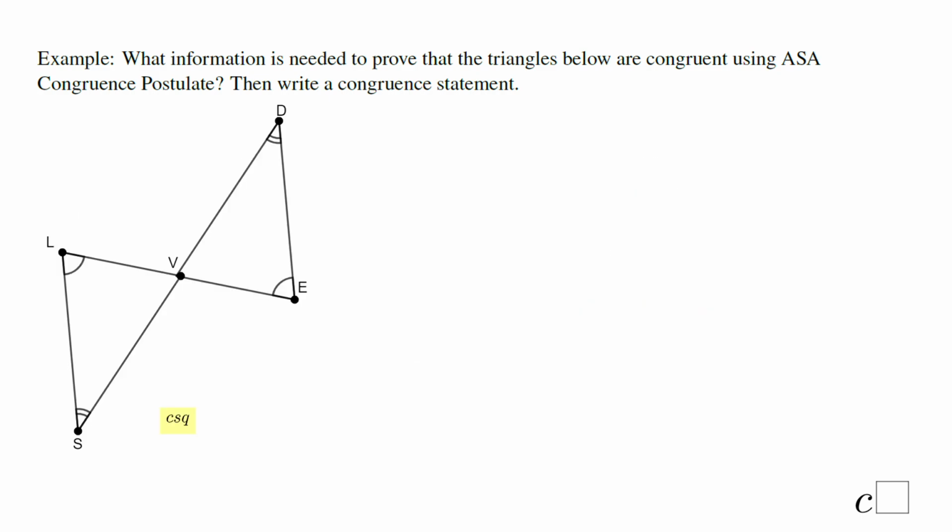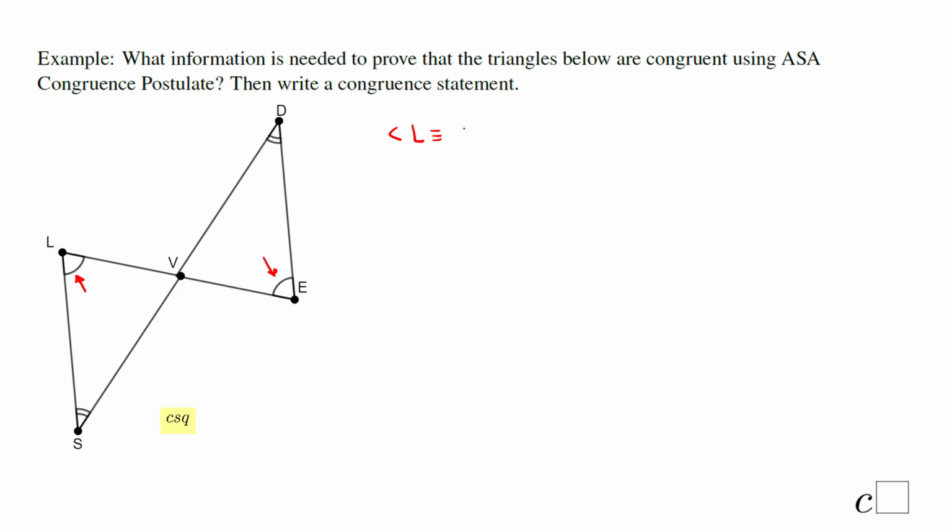A very similar example, however, now we notice these two triangles share a common vertex. So the same thing, what information is needed to prove that the triangles are congruent using the angle side angle congruence postulate, and then we need to write a congruence statement. And what do you notice here? We notice this angle L is congruent with what angle?